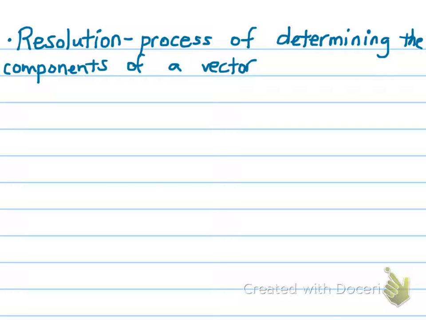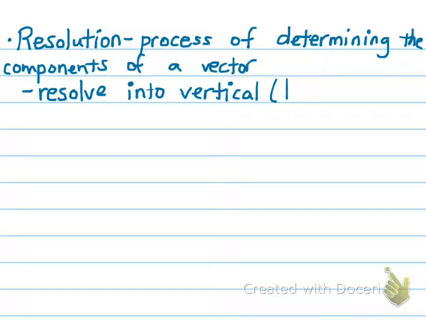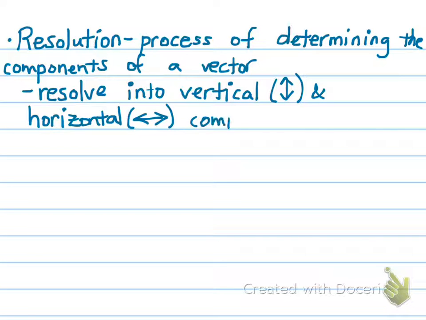When we're trying to figure out what those components of a vector are, we call it resolution. And what we're going to do is resolve this vector into its vertical, and remember, vertical kind of means up and down, and horizontal, remember, horizontal means left to right, okay? Components.